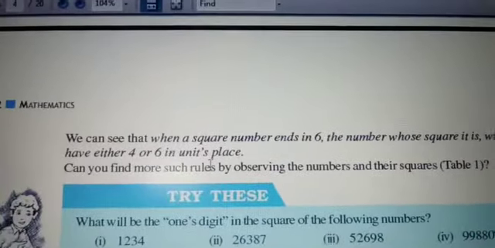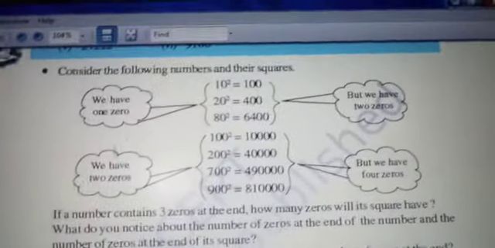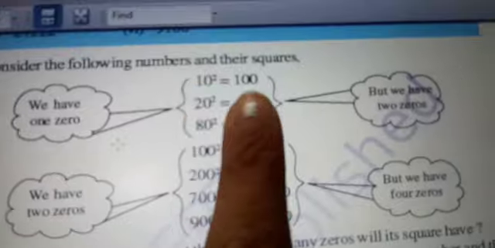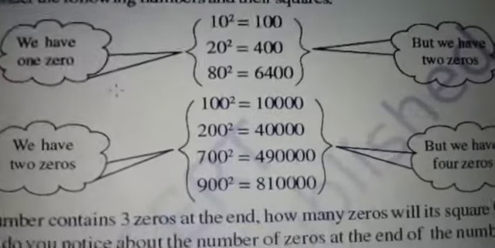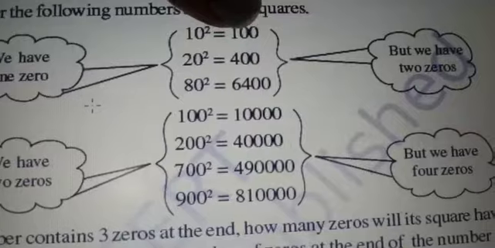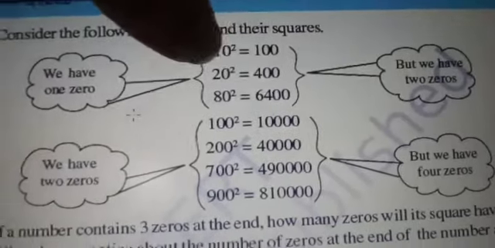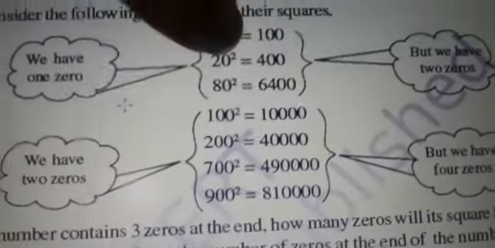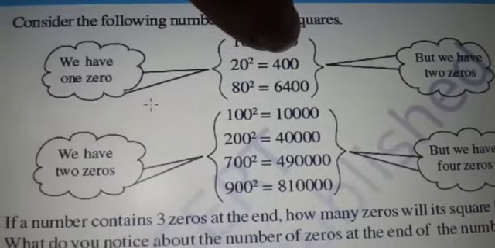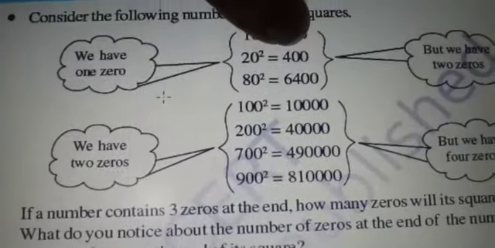Okay. Next, they have given: if they ask you 10 square, what is the answer? 100. 20 square, 400. See, in 10 how many zeros are there, children? 1 zero, but when you do the square it becomes 2 zeros. In 20 how many zeros are there? 1 zero, but when you multiply it becomes 2 zeros.